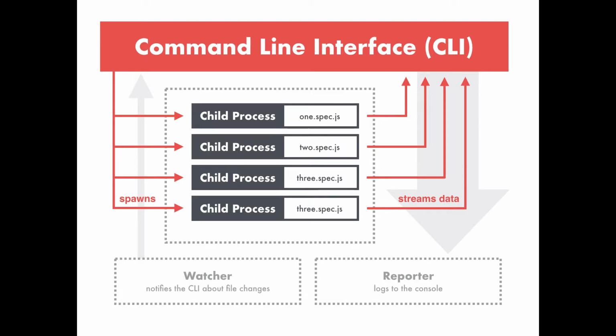So we have the command line interface, which spawns all the child processes, and in that case we have 4 test files which are named 1, 2, 3, and 4. And those child processes actually get from the command line 2 additional standard input streams, and they stream their results back to the command line interface, which is then passed and logged with the reporter to the console.